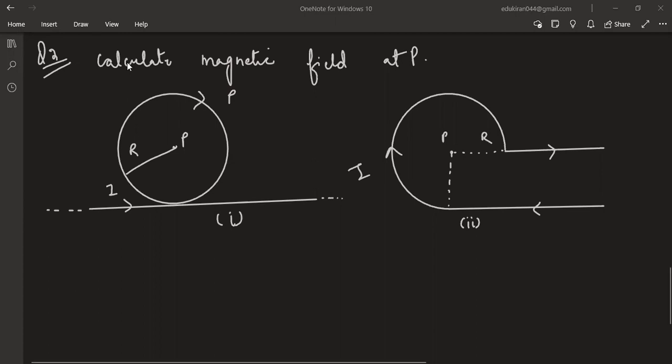Mu naught I by 4 pi r. Okay, 3 pi plus 2 by 2. 2 by 2 is 1 only.